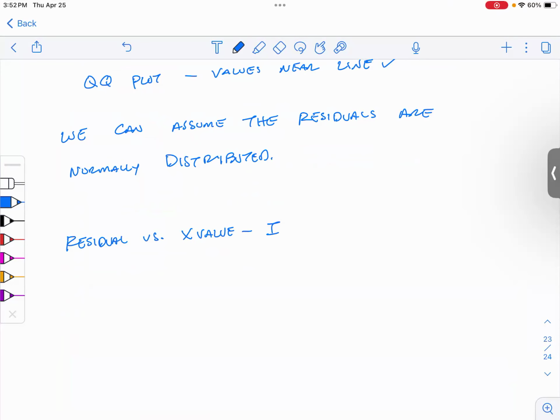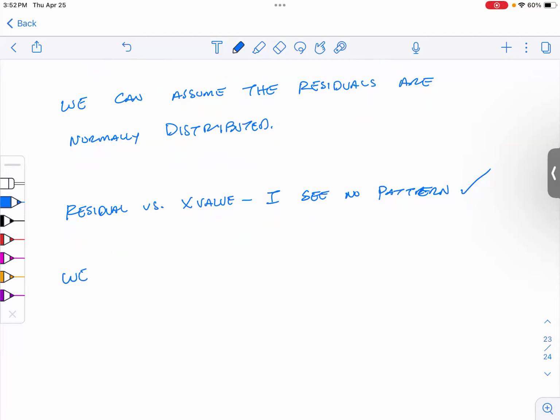So I see no pattern, so we may assume the linear model is appropriate.